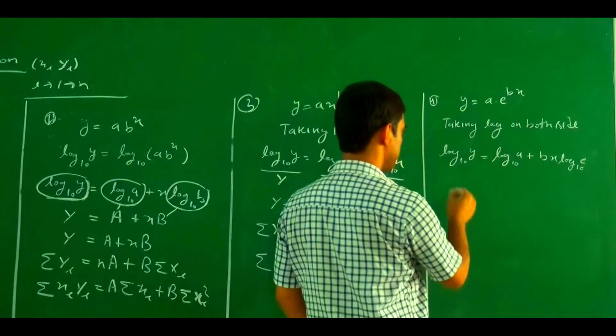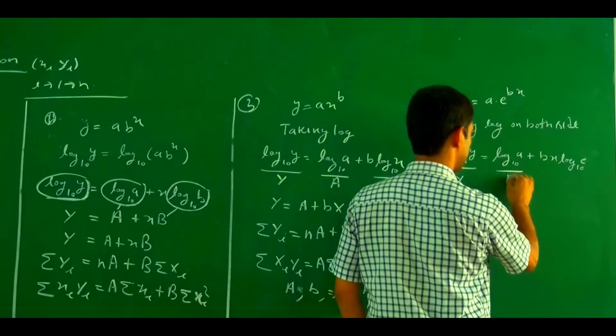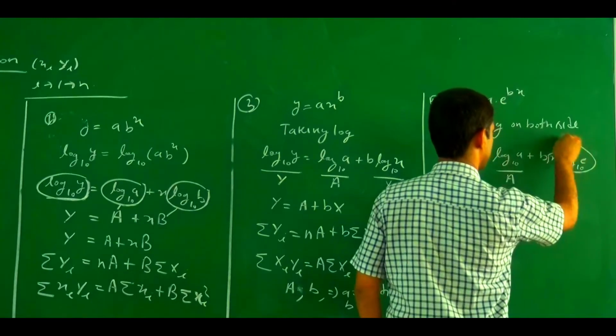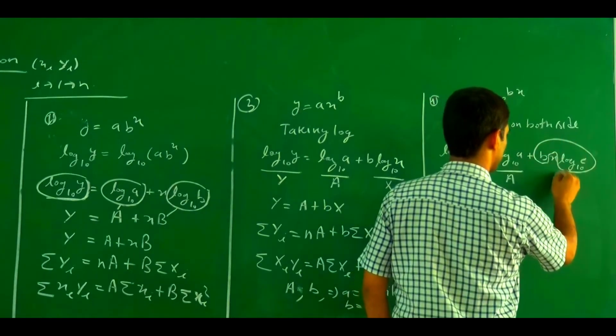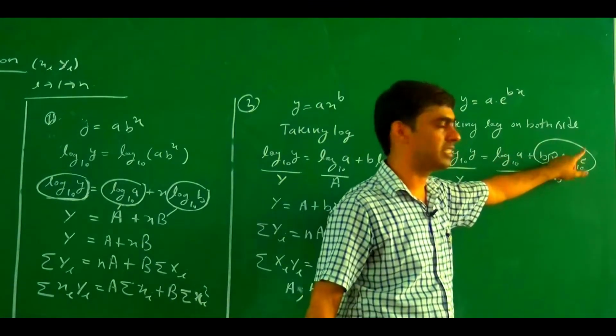So here we consider this one as capital Y, this one as capital A, and this one as capital B, meaning capital B is b log base 10 e.